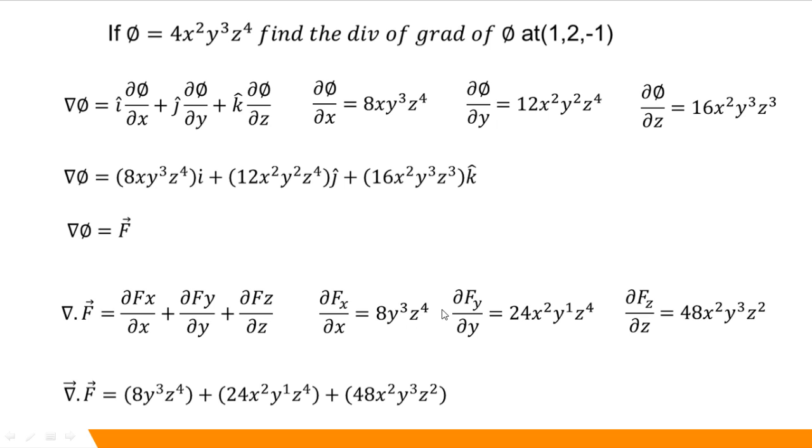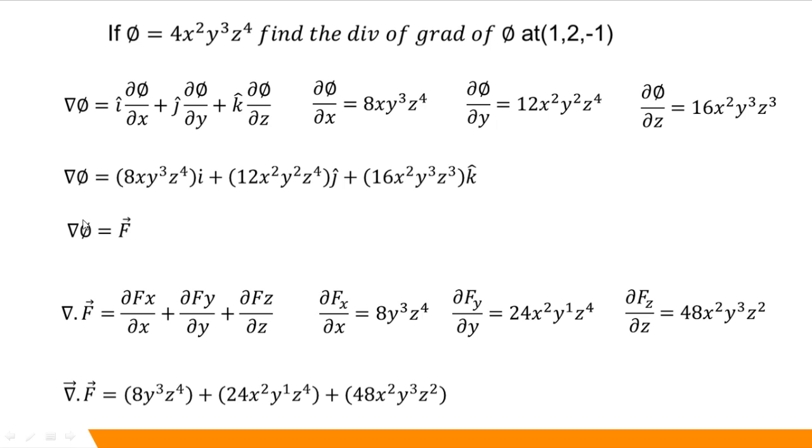This is the answer. And differentiate this with respect to y. This 2 comes here, 24x square y to the power 1 z to the power 4. Similarly, dou f of z by dou z, differentiate with respect to z, 16 3s are 48 x square y cube z square. So this is going to be the divergence of f.